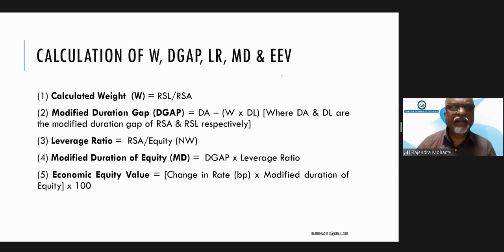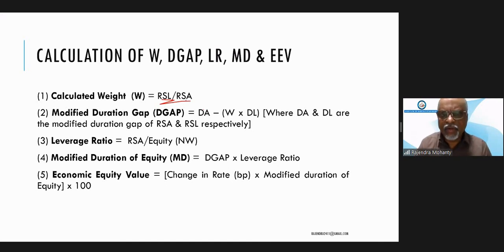First, you will be given some information, like your RSL how much, RSA how much, the rate sensitive liability and the rate sensitive asset. Then you will be given the modified duration of the RSA and the modified duration of the RSL. Basically, DA is the modified duration of RSA and DL is the modified duration of RSL. So both will be given.